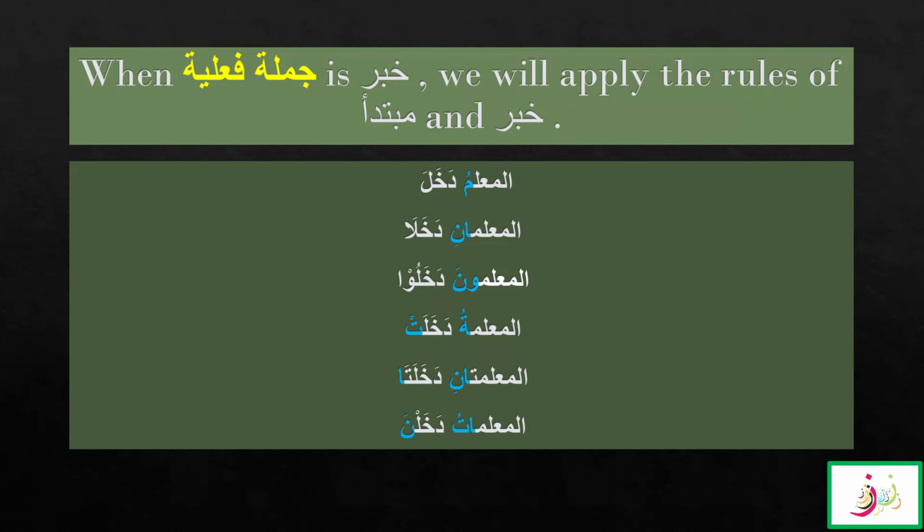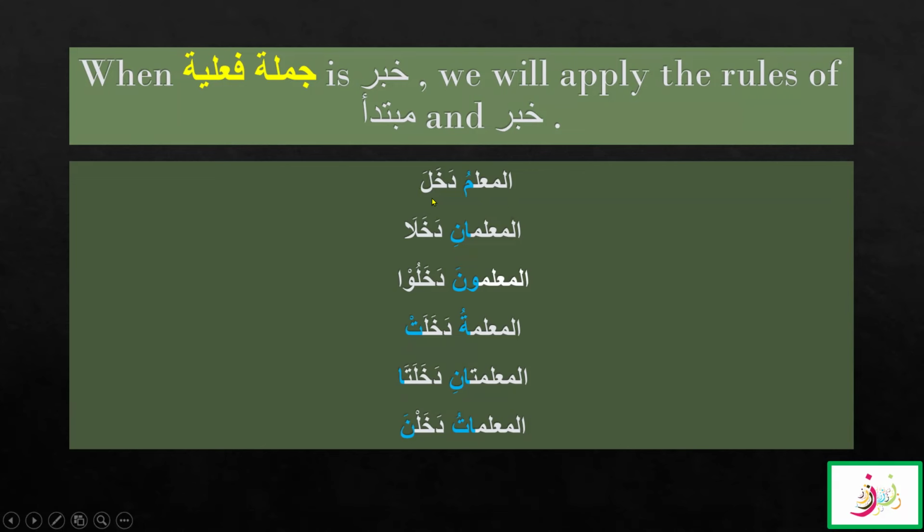That means a jumla fi'liya here, that is a khabar right now, will match the ism in number and gender. So you can see al-muallimu is singular in number, and it is masculine in gender.